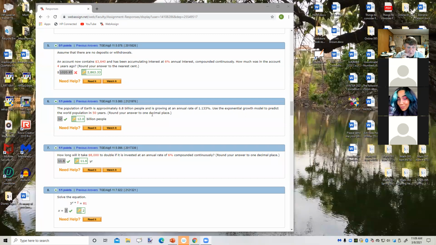So we're going backwards in time, okay? But it's compounded continuously, so we're going to use A equals P e to the RT. A is the final amount, and that is $3,640.